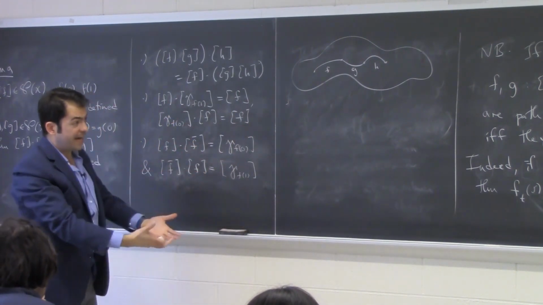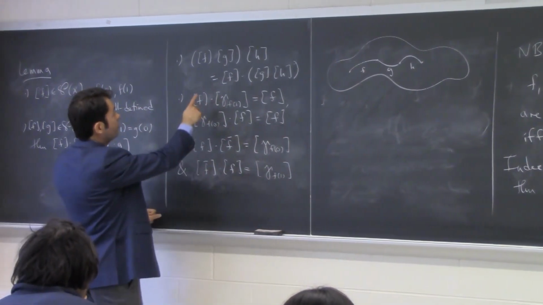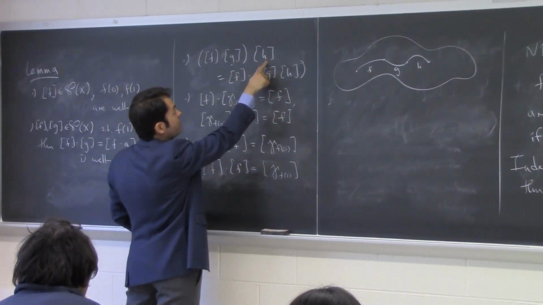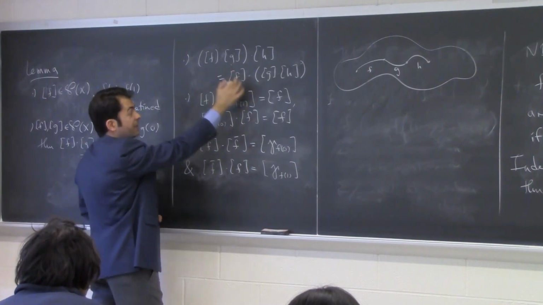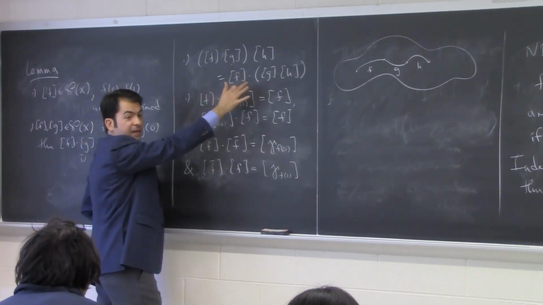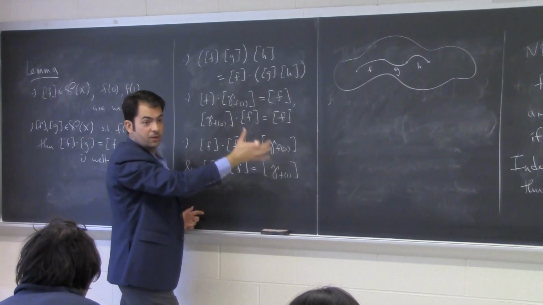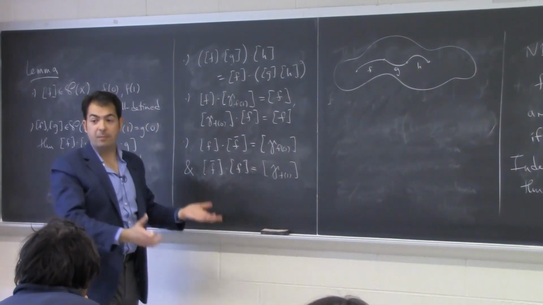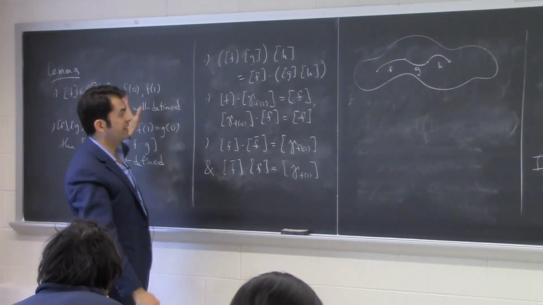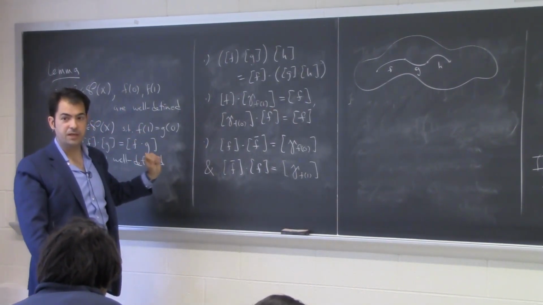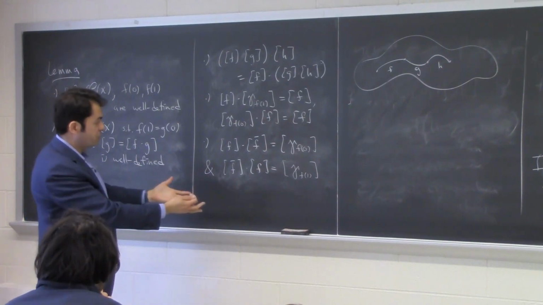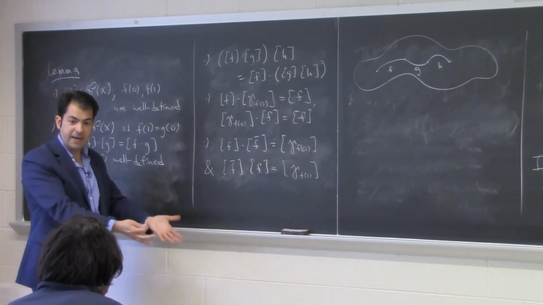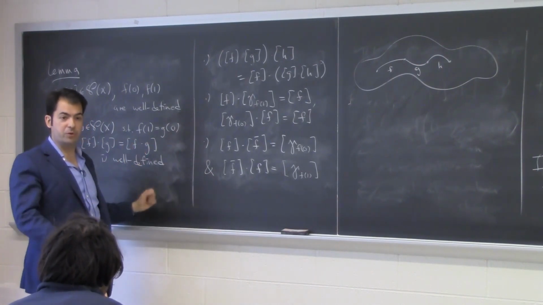But as functions, they're different, because this one says spend half of your time doing H and the other half doing F and G, and this one says spend half of your time doing F and the other half doing G and H. So as functions they're different, but they're homotopic, and so we have equality once we've passed to homotopy classes. The picture should be clear, and it's just a matter of checking that the only difference in the maps washes away with homotopy.